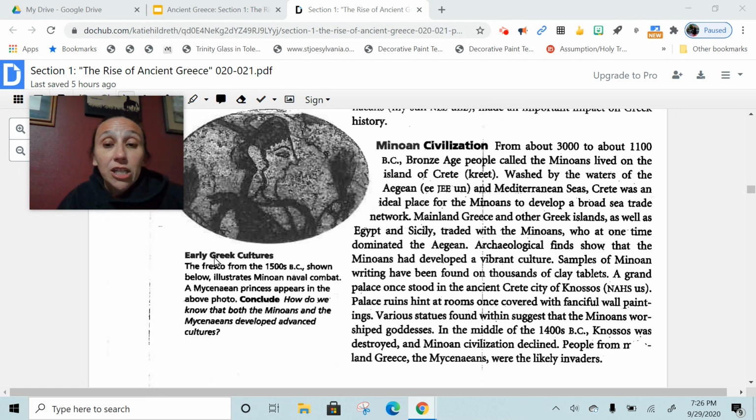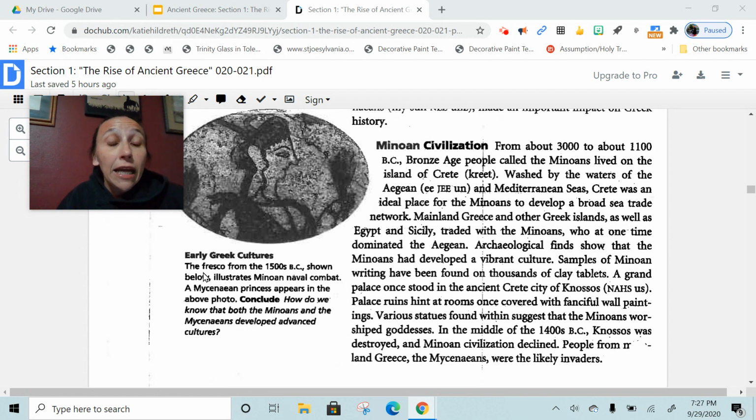Washed by the waters of the Aegean and the Mediterranean seas, Crete was an ideal place for the Minoans to develop a broad sea trade network. Mainland Greece and other Greek islands, as well as Egypt and Sicily, traded with the Minoans, who at one time dominated the Aegean Sea. Archaeological finds show that the Minoans had developed a vibrant culture.